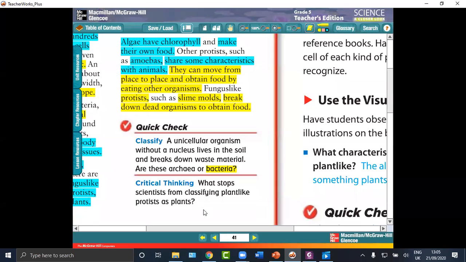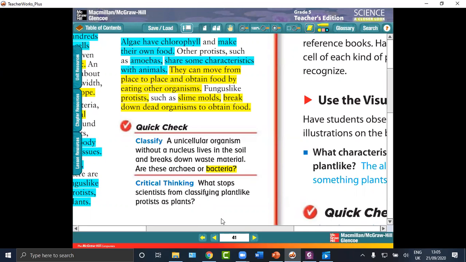Some are unicellular and they lack specialized tissues and have simple body structures. I will repeat. Some are unicellular and they lack specialized tissue, and have simple body structures.